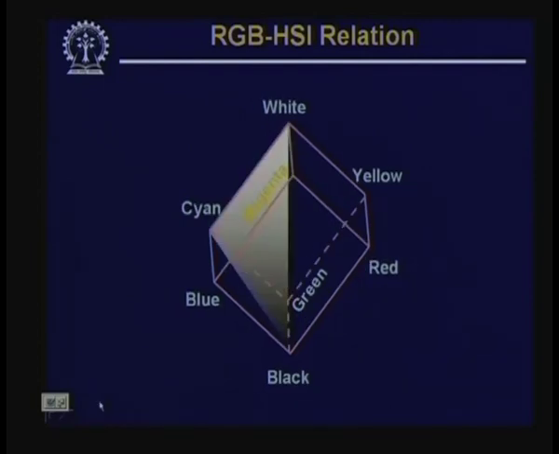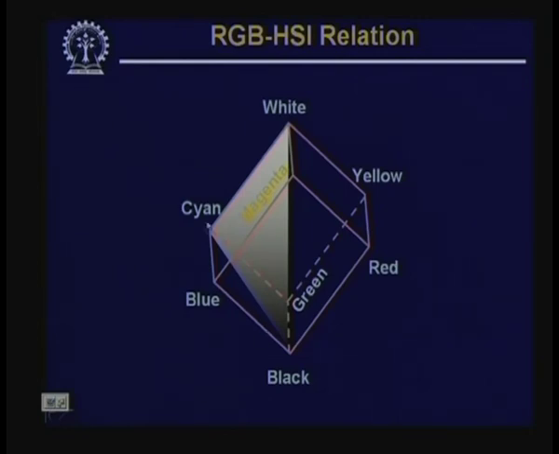In this diagram, we have shown a plane passing through the points black, white and cyan. The line joining black and white is the intensity axis. Intensity at point black is equal to 0 and intensity at point white is maximum, that is equal to 1.